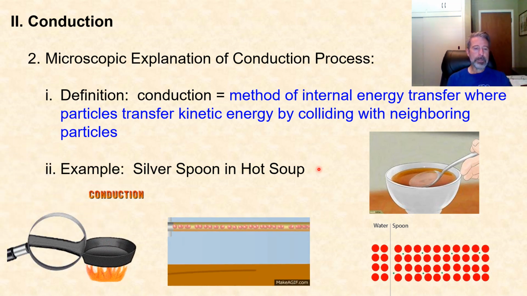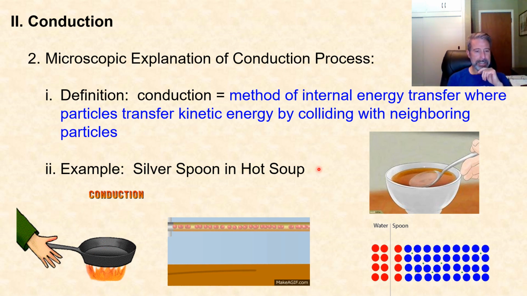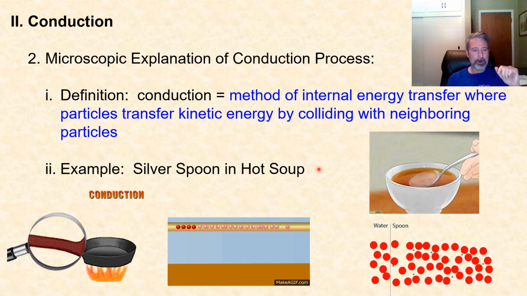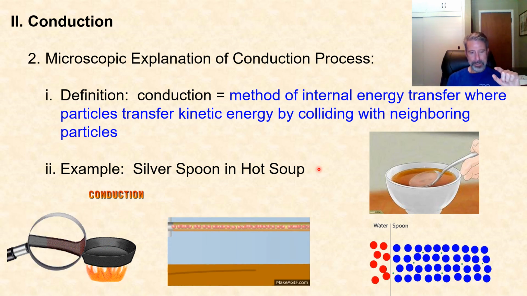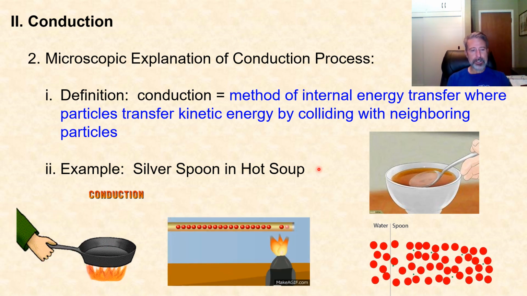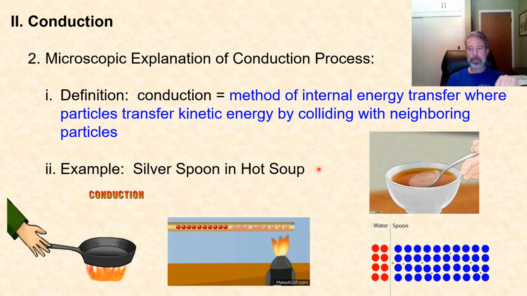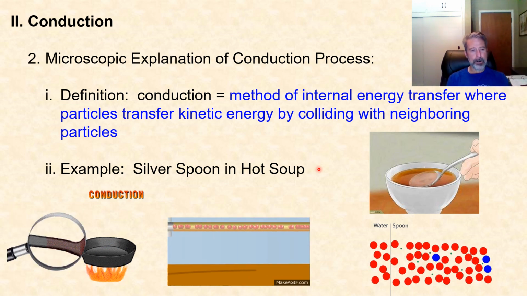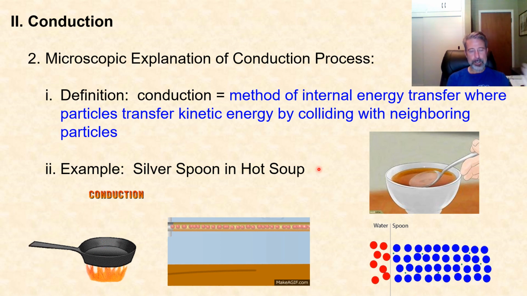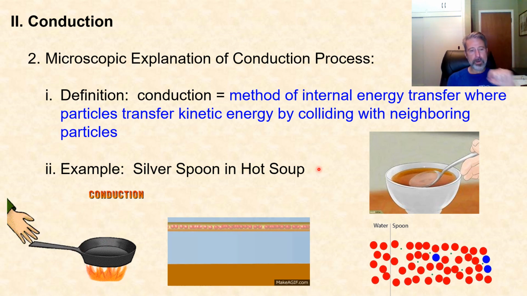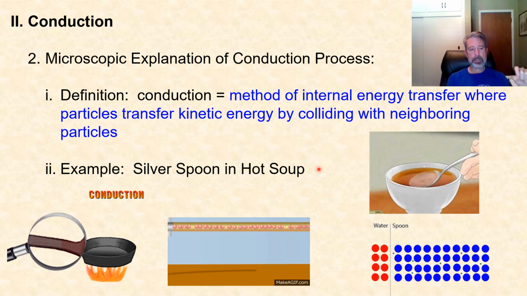Here's something you know: if you put a pan on a stove, initially it's no problem, but eventually, because of this transfer of kinetic energy through molecular collisions, the handle of the pan in contact with your hand will get hot. Why? Because those particles there will start moving fast after the kinetic energy has been transferred to them through this process of particle collisions.